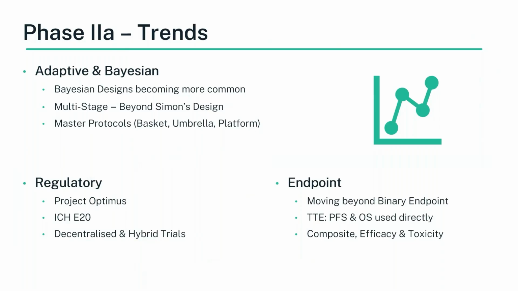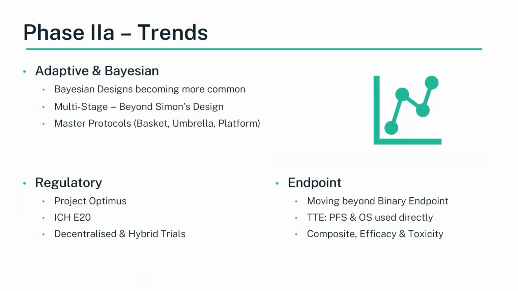Something like the FDA's Project Optimus is probably worth mentioning, not specifically related to master protocols, but because it's been pushing sponsors to formally optimize dose selection within oncology before phase 3.